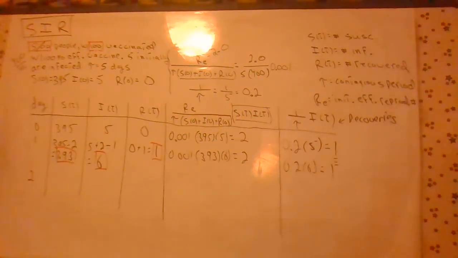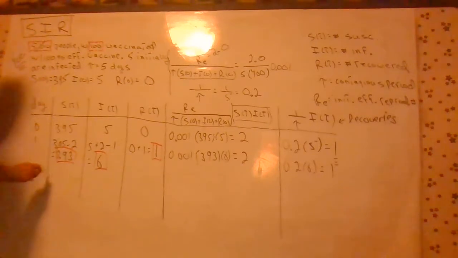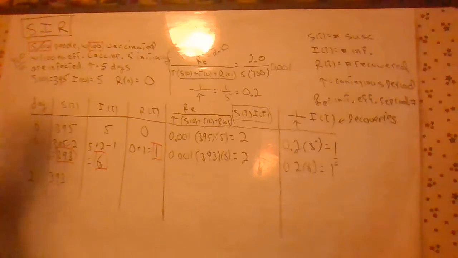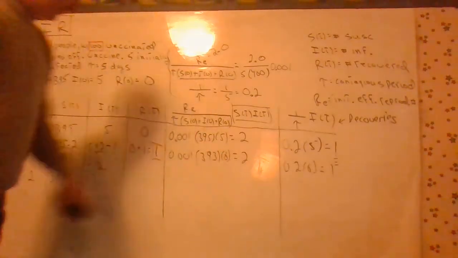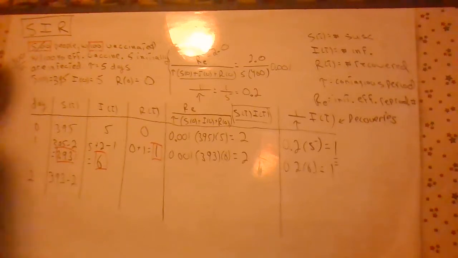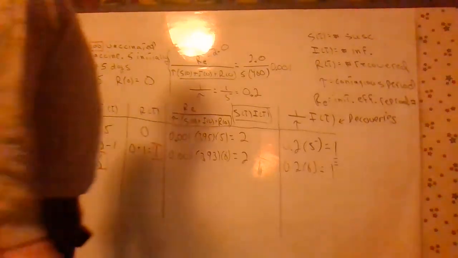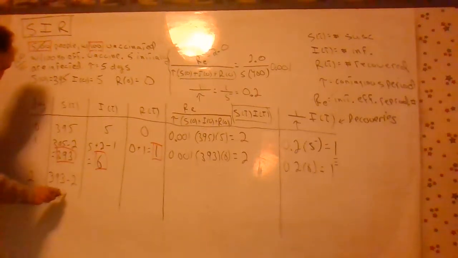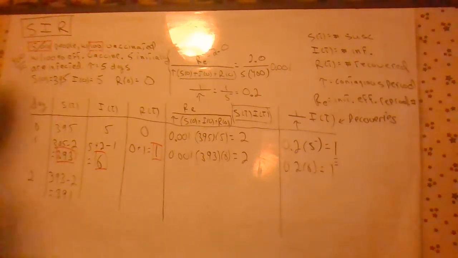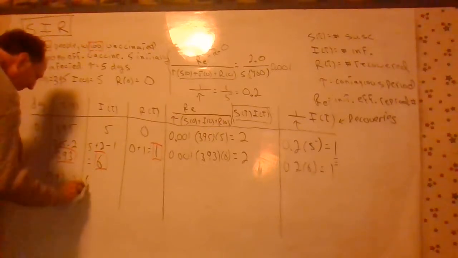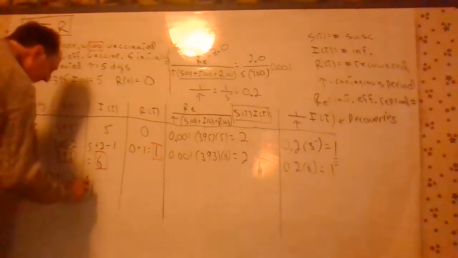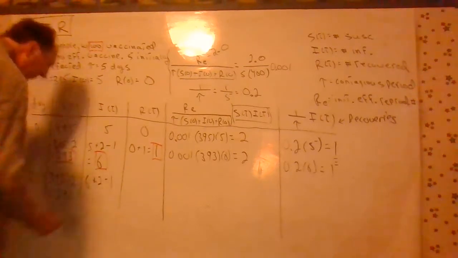I'm not going to continue this all the way down, but we have 393. We have to subtract out the infections. 2 of these bit the dust. So that's 391. And then we take our number infected, and we have to add 2, subtract 1.